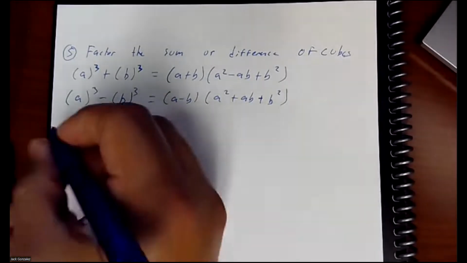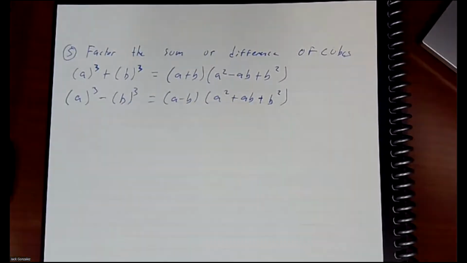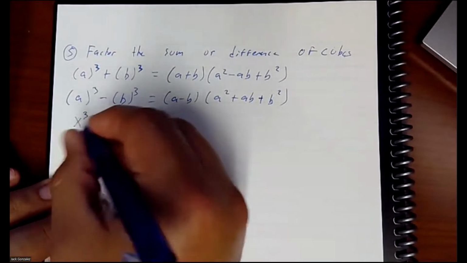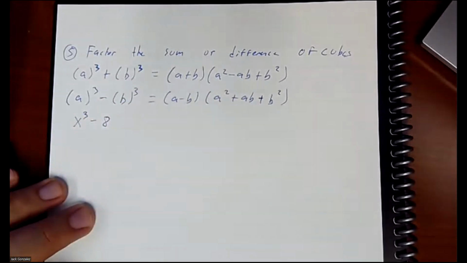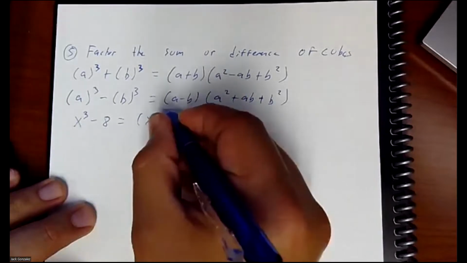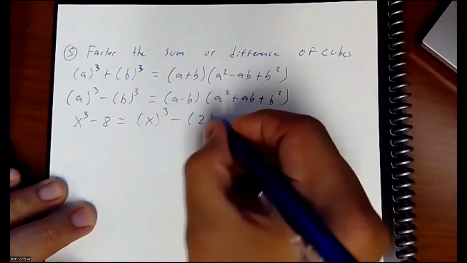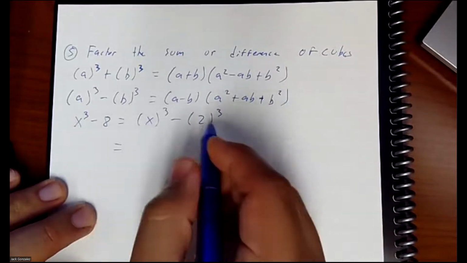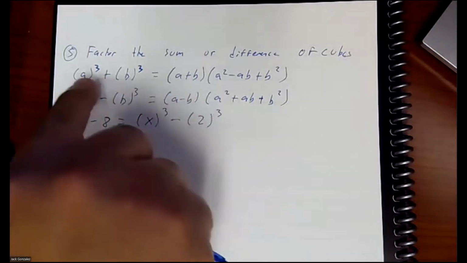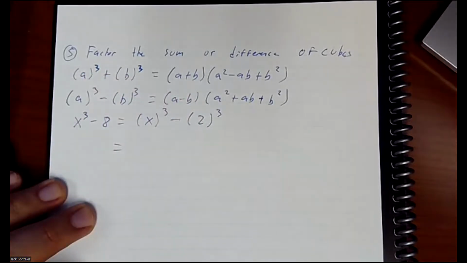Okay. So in this example, they give us this. Very similar as before. Rewrite it as 2 cubes and then apply your formula. So it's an x cubed and a 2 cubed, right? 2 times 2 times 2 is 8. Once it's in this form, that is your a and b.